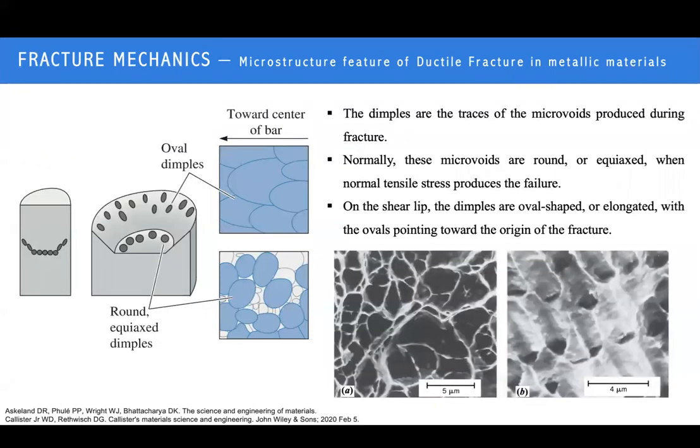The second one, to make it clearer about the microstructure feature of the ductile fracture, you can see at the center of the fracture point there will be round equiaxed dimples. But on the slip direction, the slip planes at a 45-degree angle, there will be oval dimples. This is because these microvoids are elongated at the slip planes.